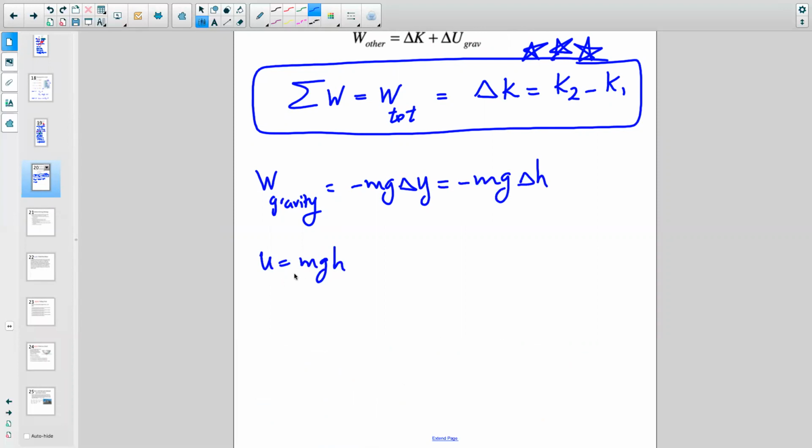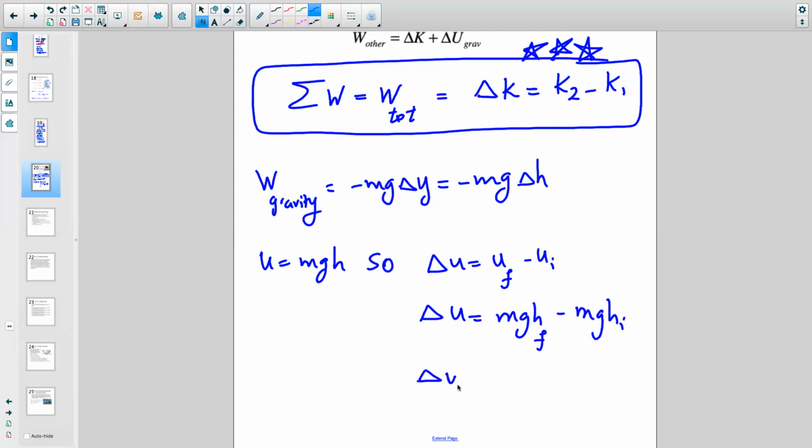And U is mgh, so delta U, which is U2 minus U1, or U final minus U initial, is mgh final minus mgh initial, which is mg (h final minus h initial).